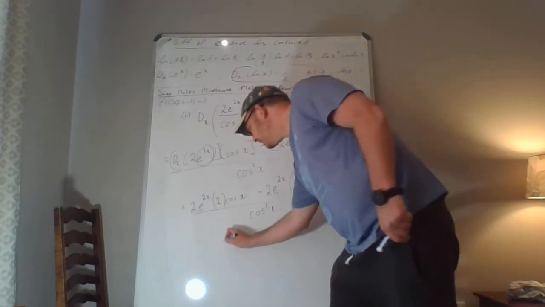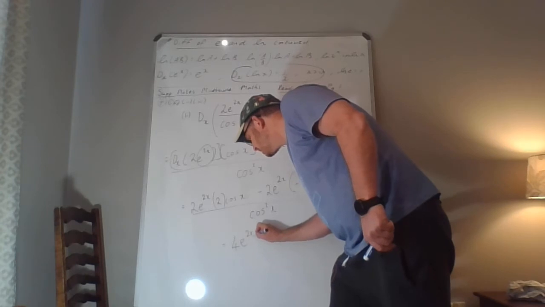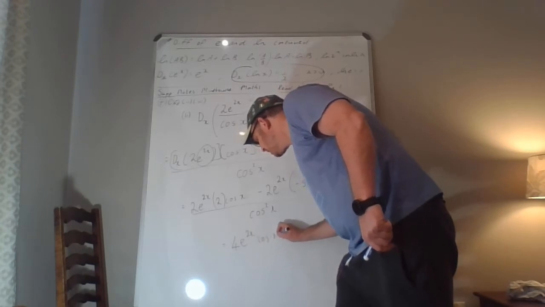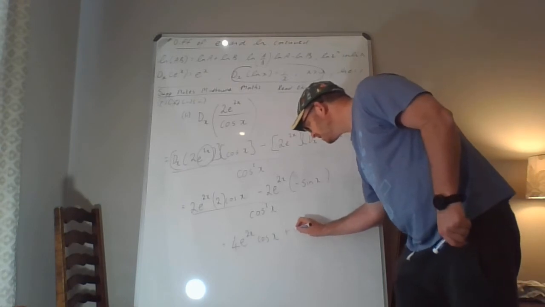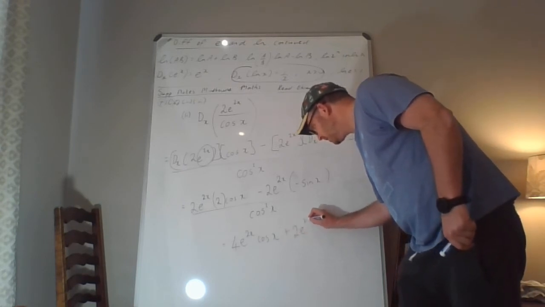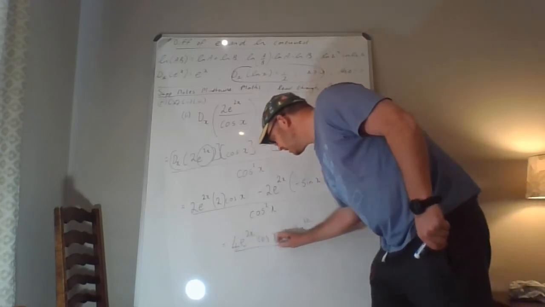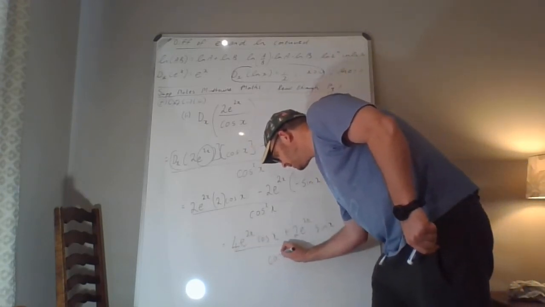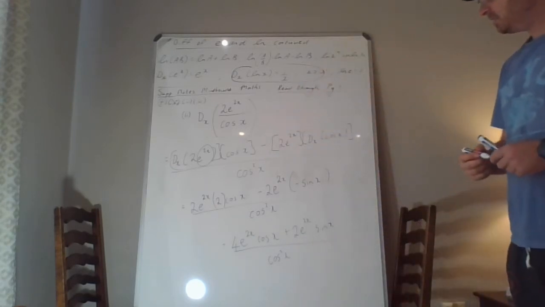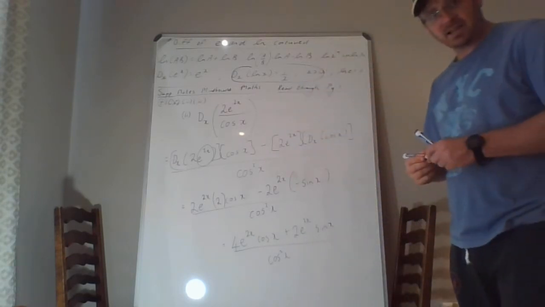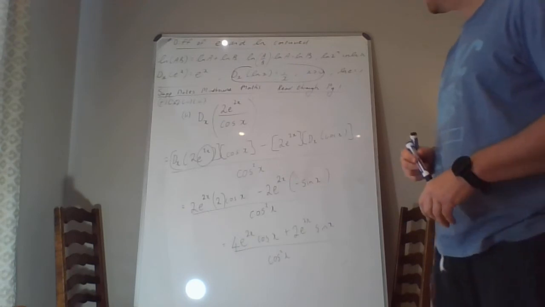To make it prettier, that becomes 4e to the 2x cos x plus 2e to the 2x sine x over cos squared x. Have a look at your answer and see that it coincides with that. If it's correct, give yourself a pat on the back.